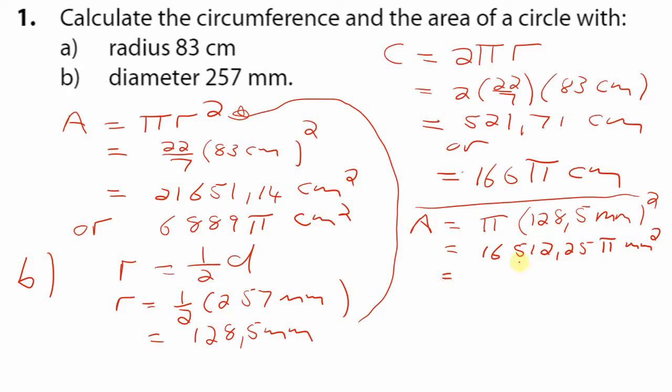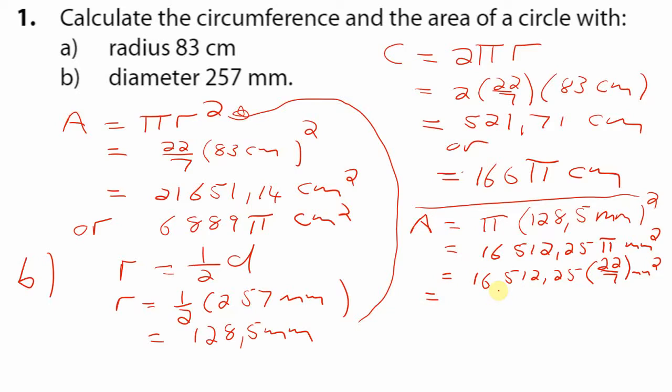Okay, if you want a less accurate answer but are required to use maybe something like 22/7 in the place of pi, then it would be 16,512.25 times 22/7 millimeters squared.